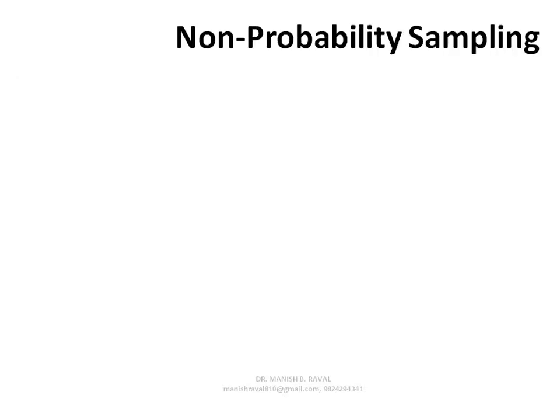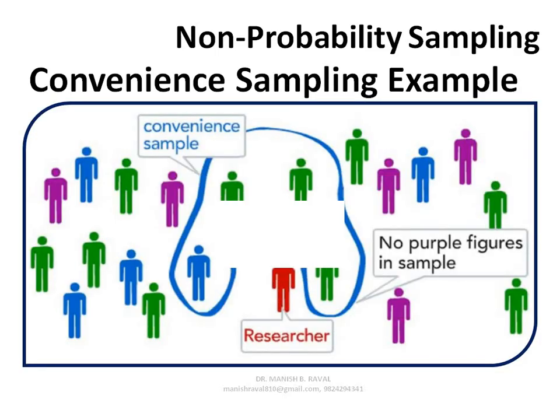Let us understand through an example. Convenience sampling example: here this is the researcher and he has identified the sample of all those people who are nearby him. So this is very convenient for this researcher.